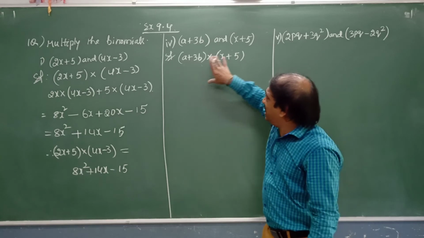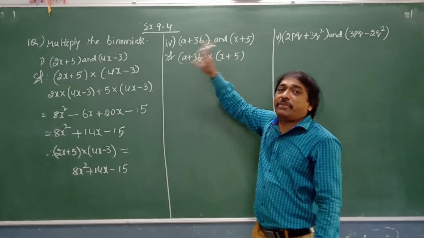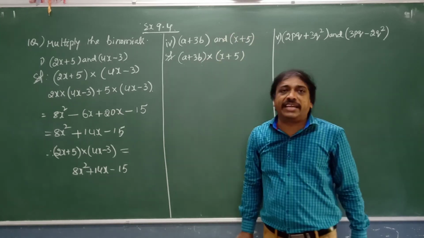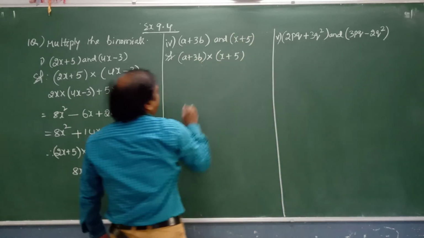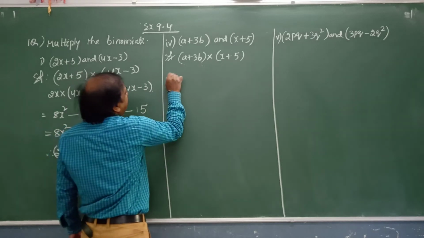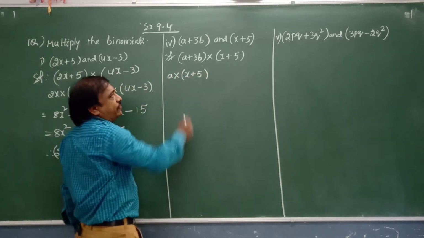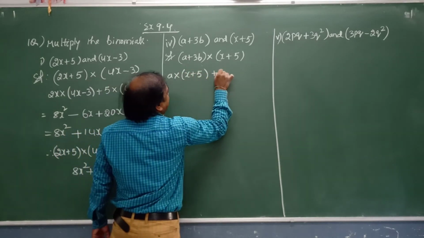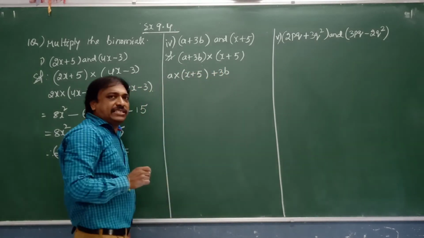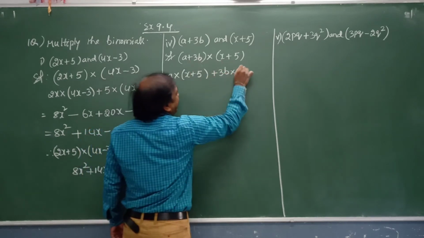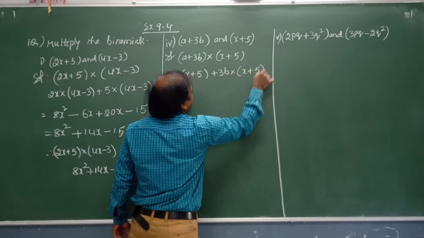Each and every term in this should be multiplied by this, and each term should be multiplied by 3b. So first a into x plus 5. Then what sign do you have? Plus 3b into, now what do you have again? x plus 5.